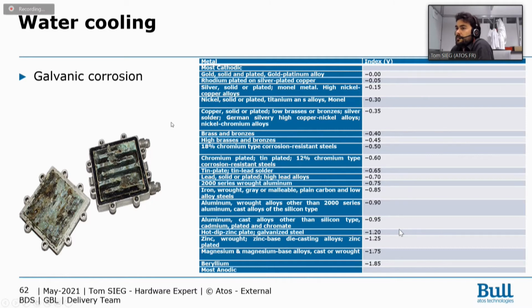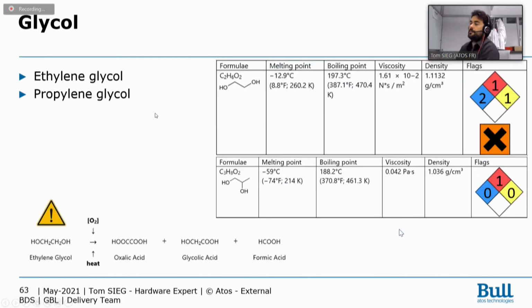And the easiest solution to prevent it, and also prevent bacterial problems, is glycol. Two kinds of glycol are mainly used in hydraulic systems, ethylene glycol and propylene glycol.